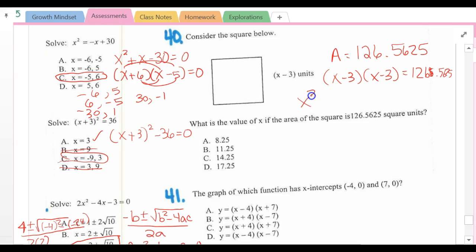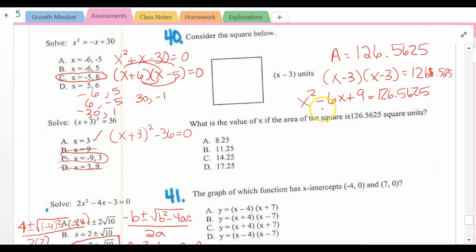So let's distribute this out. We have x squared minus 6x plus 9 equals 126.5625. And now if we subtract that over, this is going to be kind of messy.